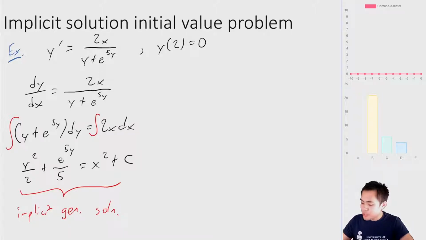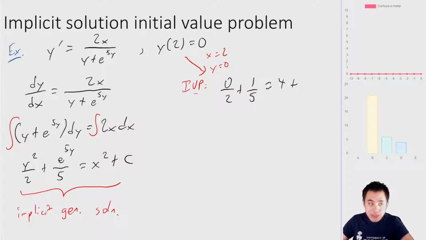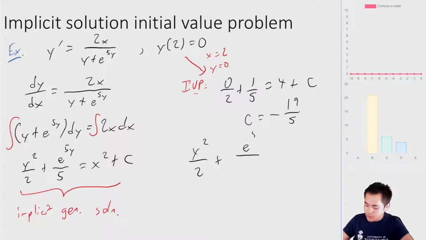Now, suppose we wanted to try to solve this IVP. Well, what we might do is set x equal to 2, y equal to 0. And so then our IVP solution is going to have 0 over 2 plus 1 over 5 is equal to 4 plus c. So c is going to be equal to minus 19 over 5. And you get y squared over 2 plus e to the 5y over 5 is equal to x squared minus 19 over 5.